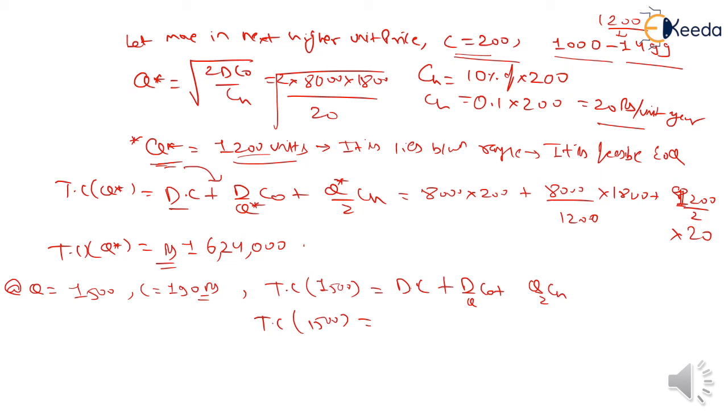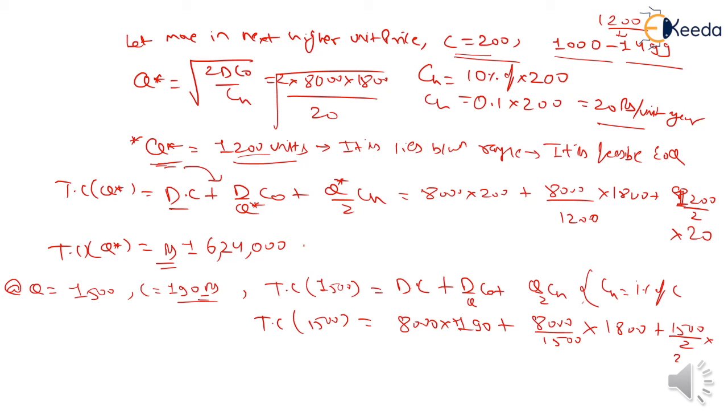What is D? D is given in the question as 8,000, and C, the unit price, is 190, plus D is 8,000 and Q is 1500 into ordering cost 1800, plus Q is 1500 upon 2 into CH. How much is CH? CH is nothing but I% of C, here 10% of 190, so 19 is your CH.